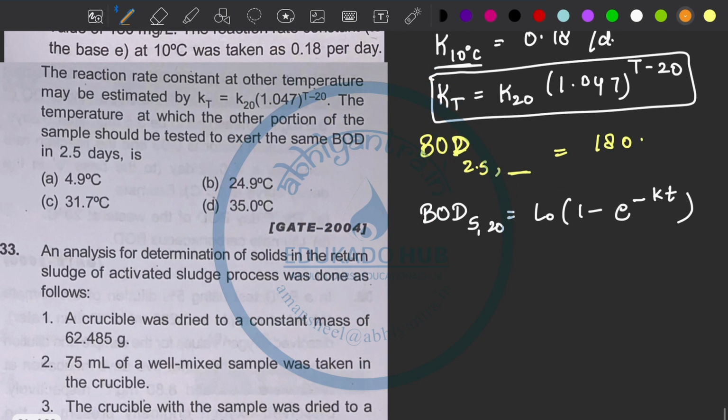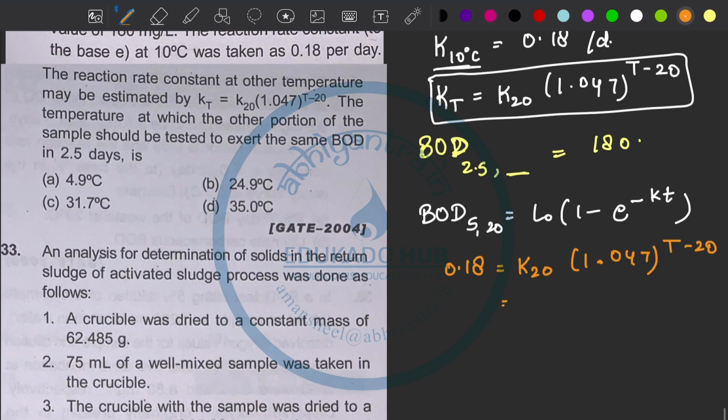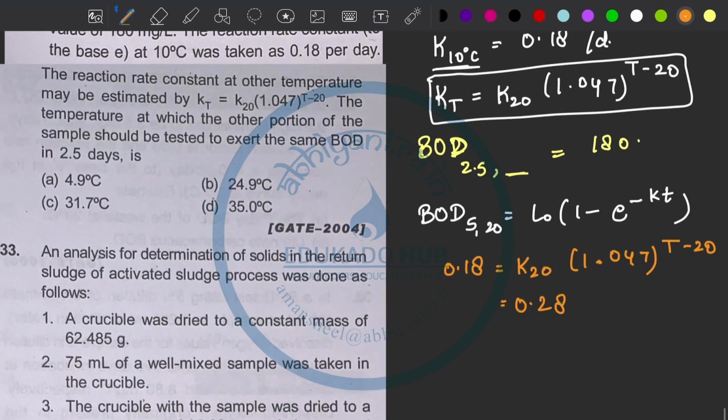So how will we calculate? K at 10 is given, that is 0.18. Let's calculate K at 20, that will be 1.047 to the power T minus 20. So from here we get the value of K20 as 0.28 per day.